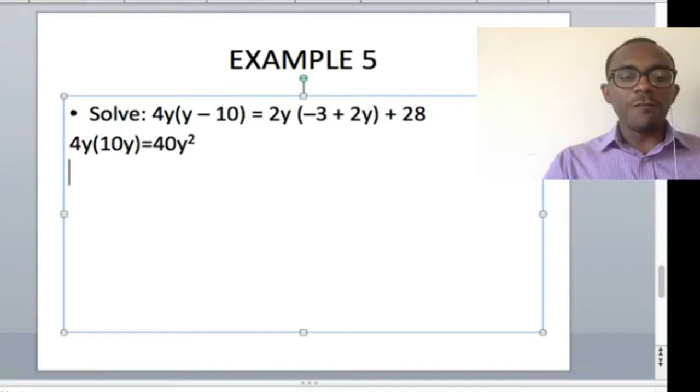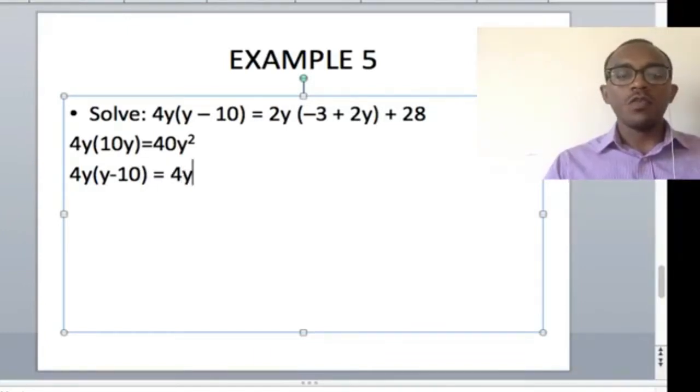But if I have 4y and I multiply by y minus 10, my answer would be 4y squared minus 40y. How do I get each of these? 4y, in that case, is multiplied once by the whole thing. Why? Because this is multiplication.